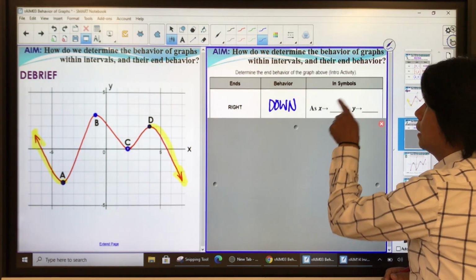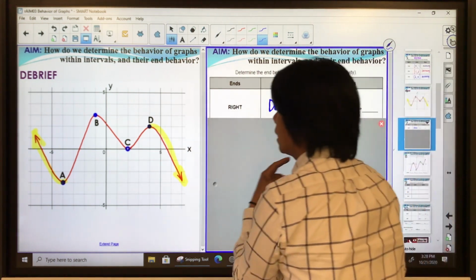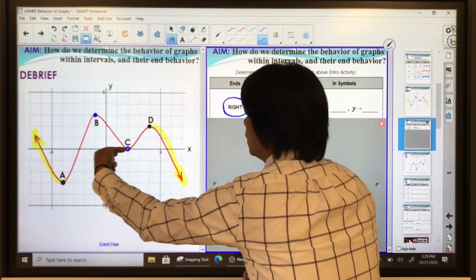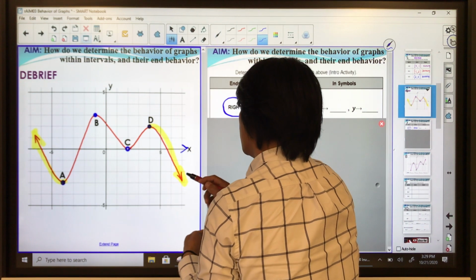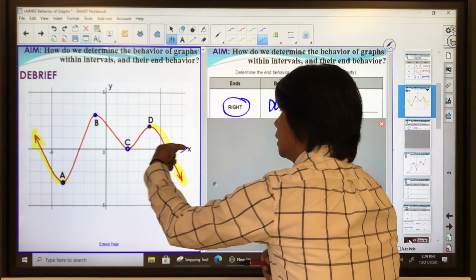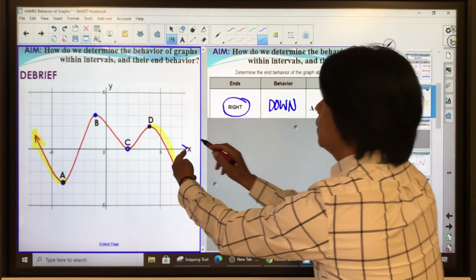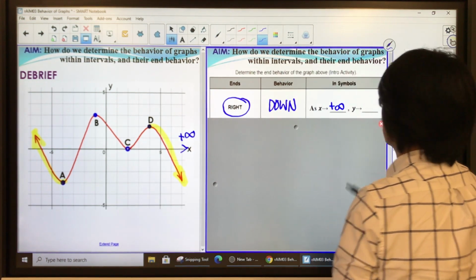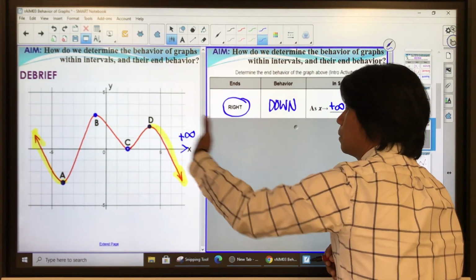Now, how do you write this in symbols? It says as x approaches. What do we mean by as x approaches? You see, when you say to the right, you're following the x values, right? To the right, that means the x value, all right? And where does it end? As x approaches infinity. But what kind of infinity? That's positive infinity. But it's going down on the right side.